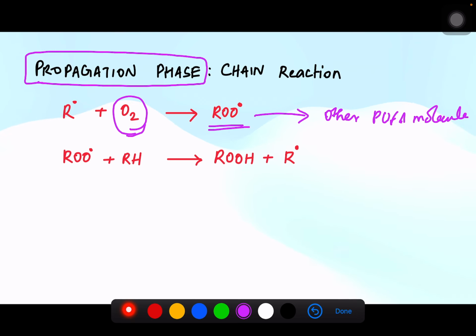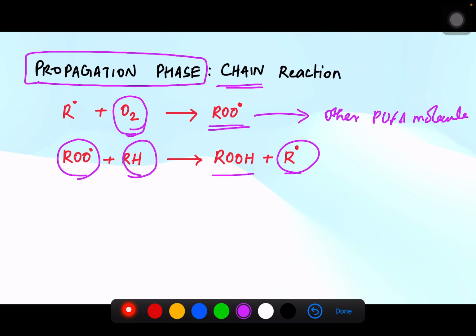This lipid peroxide radical can attack another PUFA molecule or another lipid molecule, forming another lipid radical. So this is the propagation phase, wherein there is more production of free radicals. This becomes a chain reaction. We have seen already that for a free radical to satisfy itself, it will attack another molecule, right? So this is what is happening here also. So finally our cell membrane gets damaged.